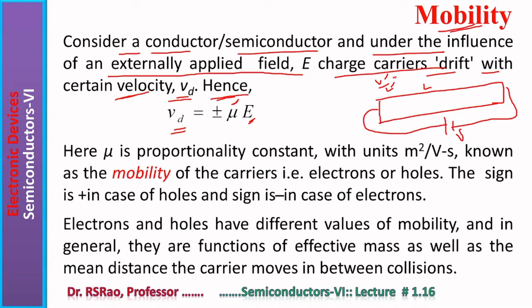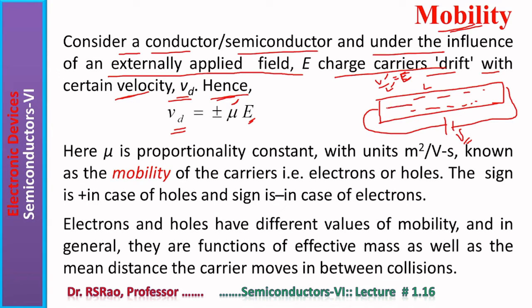This is nothing but field intensity, electric field intensity. So electric field intensity or potential gradient comes into the slab when a voltage source is connected. Under the influence of voltage source, potential gradient comes into being inside the slab.